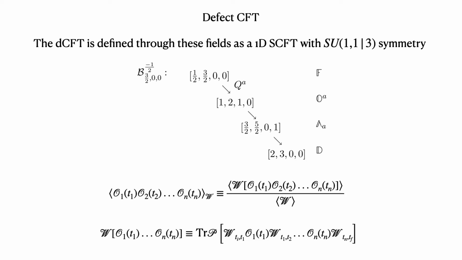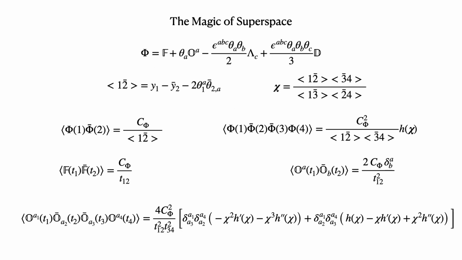And we'll be looking at these components of the super multiplet inserted on the Wilson line, forming these correlators. One of the very nice consequences of these having a super multiplet structure is that we can apply the full power of superspace.